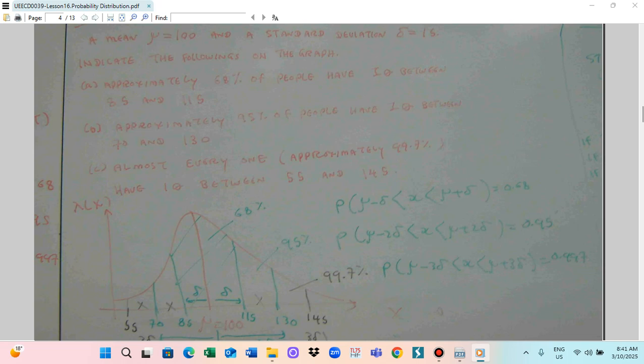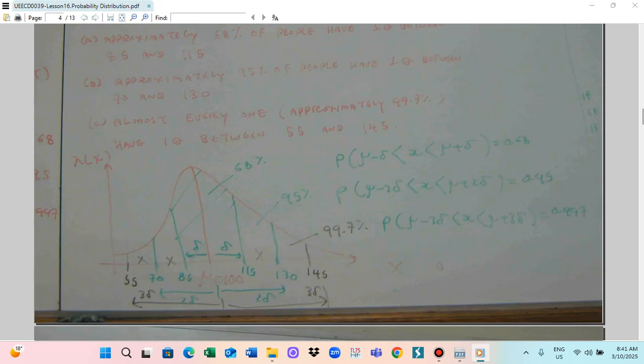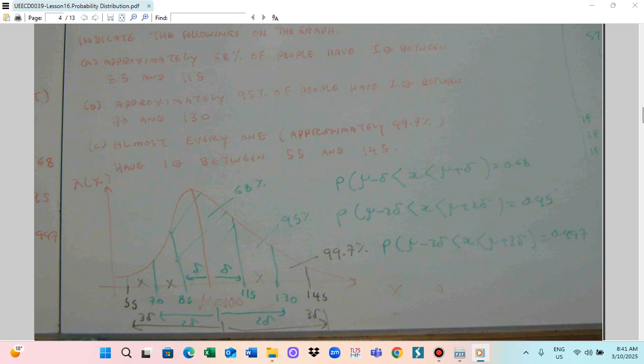In this case, the total is 99.7%. So we can also write the equation: the probability between mu minus 3 delta and mu plus 3 delta is equal to 0.997. So we can represent the probability this way.